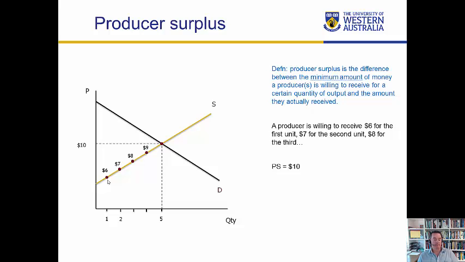So if you're willing to accept $6, that must reflect to some extent your costs, the costs of producing. But what costs are we talking about? Well, in economics, we assume that that $6 represents your variable production costs, the cost of the pizza base, the ingredients on the top of the pizza and the cheese, as well as electricity and labour and all of those other variable costs.